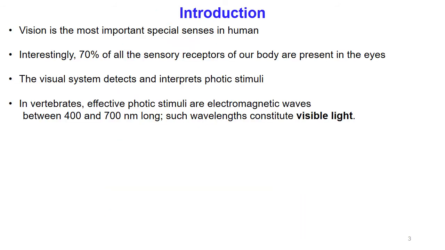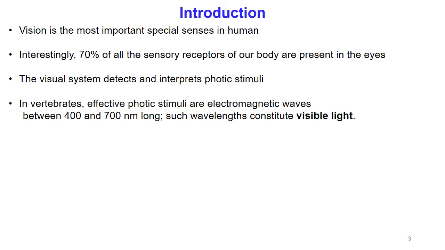We introduced, vision is the most important spatial sense in human. We depend on vision for most of the human communication. Interestingly, 70% of all the sensory receptors of our body are present in the eyes.